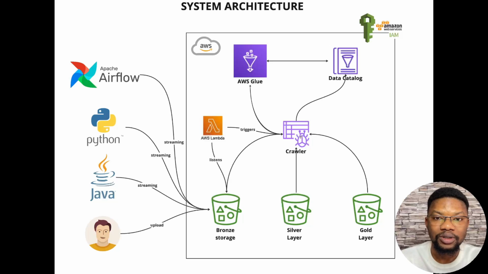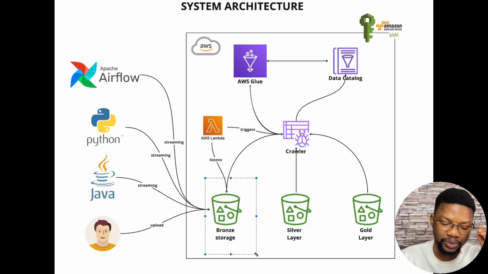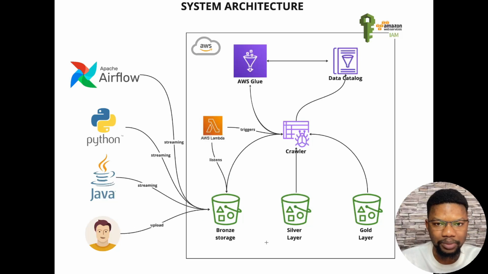And once that is done, it creates the database for us automatically, and the tables that are related to this Bronze storage definition. This can be done for as many services on our Bronze layer as possible. Now, that solves our problem, doesn't it?